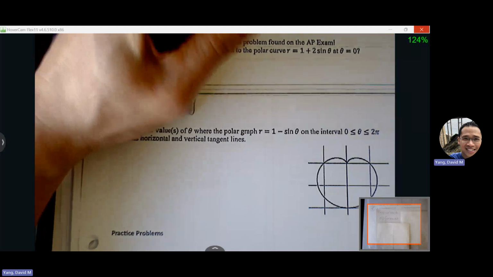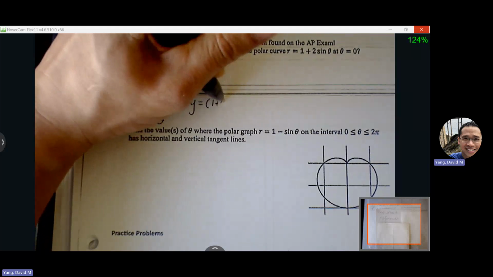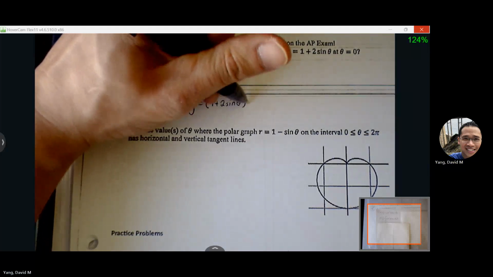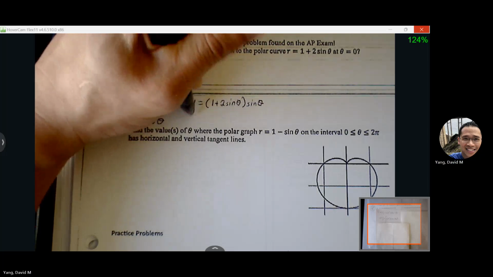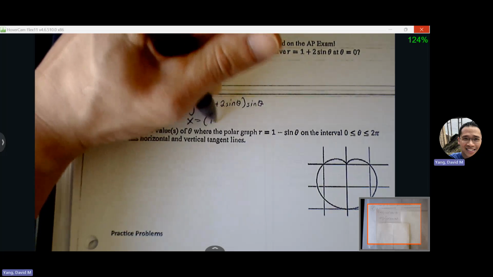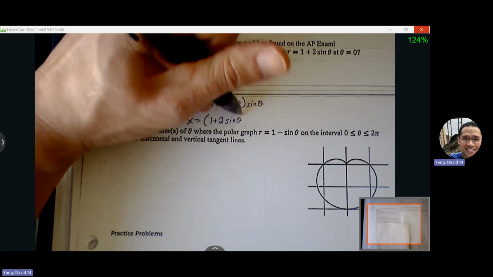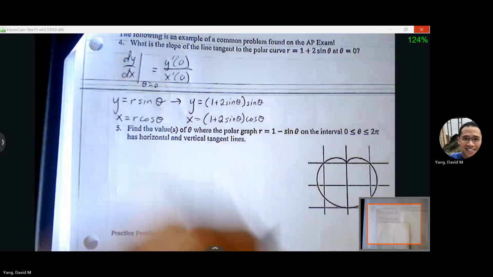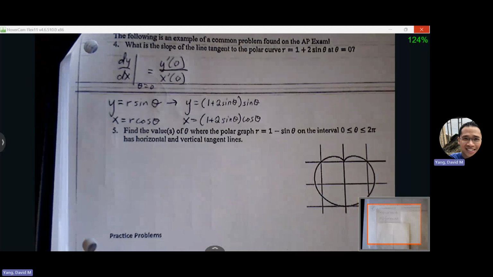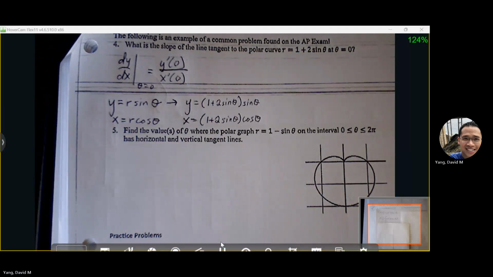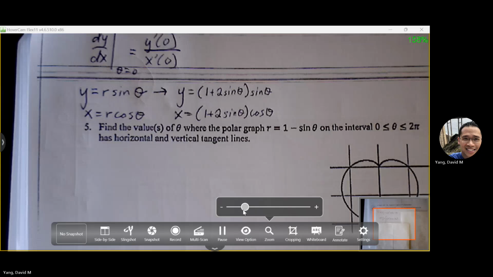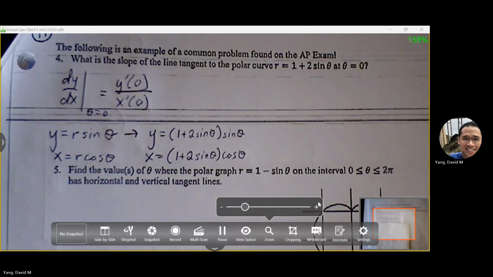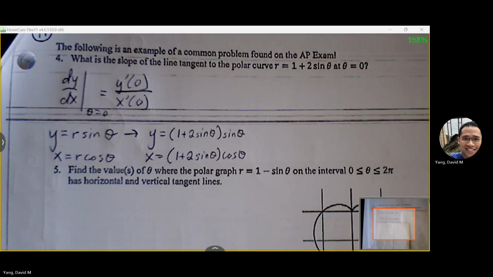So therefore, y is equal to 1 plus 2 sine theta times sine theta, then x is 1 plus 2 sine theta times cosine theta. Okay, are we okay so far? We're building our y and x in terms of theta.